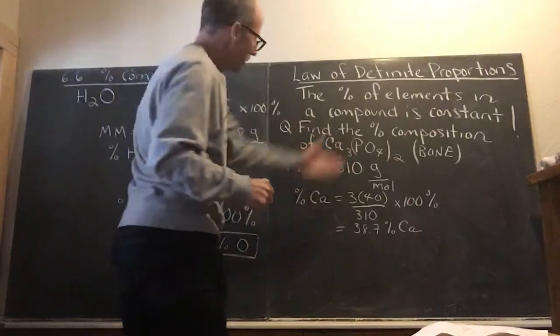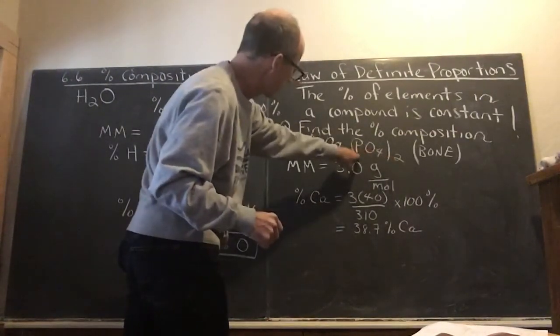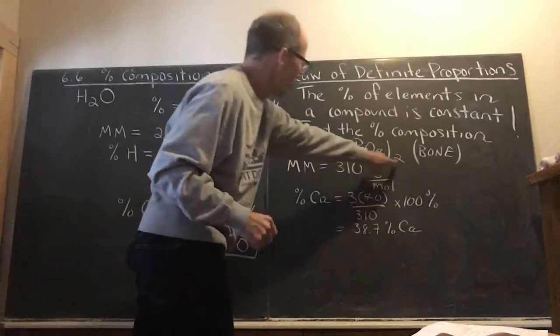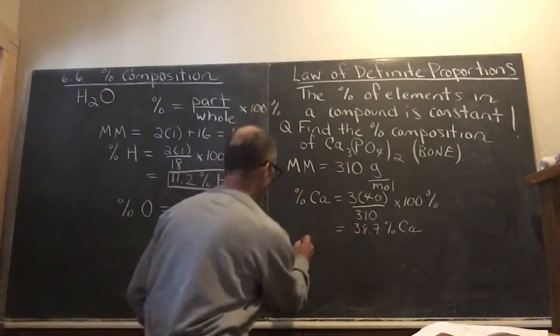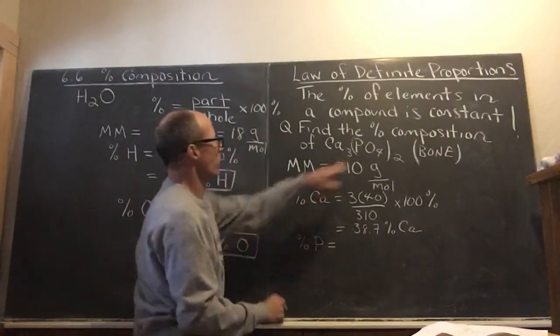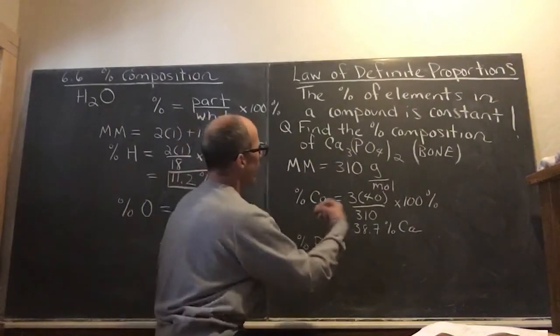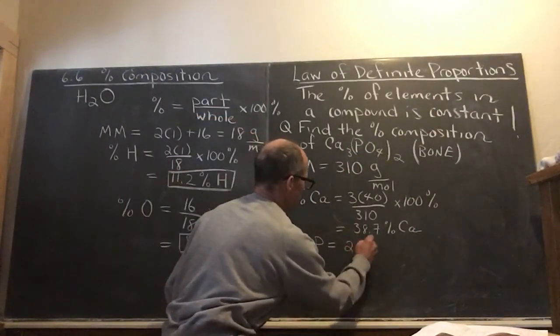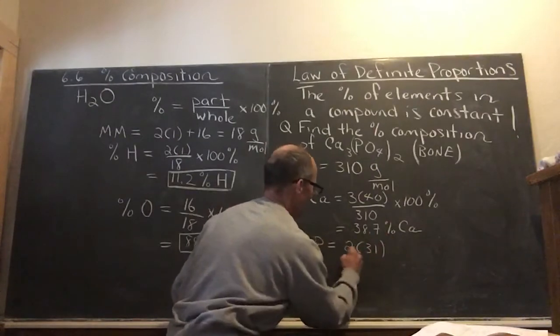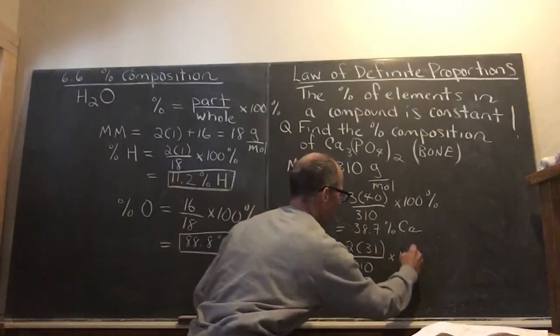Let's continue. If you look at this formula, notice that that too belongs to the phosphorus and the oxygen. So there are 2 phosphorus atoms. We got to be careful with that. Therefore, each phosphorus has a mass of about 31. We're going to round that. So we have 2 times 31. Our whole is still the same. Multiply it by 100%.